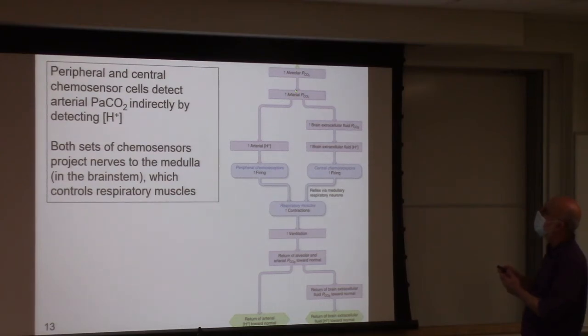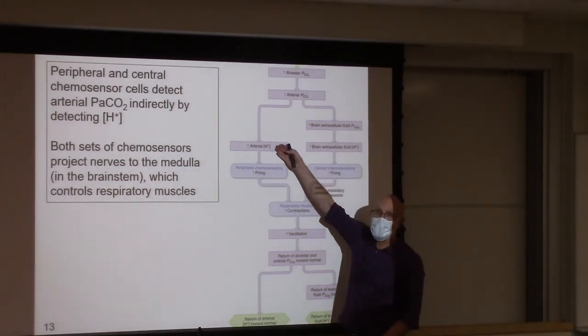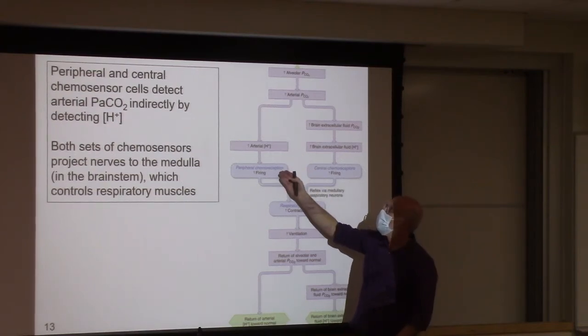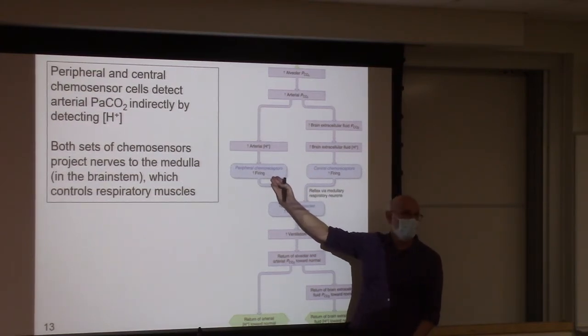High CO2, let's do the peripheral story first. High PCO2, by CO2 interacting with water, becoming carbonic acid, generates arterial acid. The peripheral chemoreceptors, chemosensors, detect acid. So these are acid detecting cells.